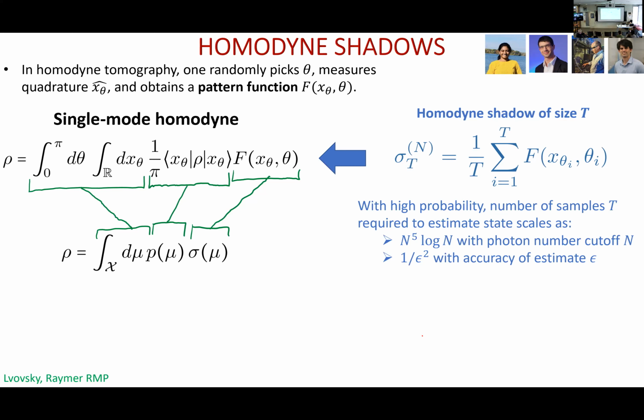They're these pattern functions, just like before when you had 0, 1, plus minus. Those are all independent of the state, but which ones you get is determined by the state, by this overlap. So that's what's interesting, right? All these shadows are kind of the same object, independent of the state. But which outcomes you get, which thetas you get, is determined by the outcome of your measurement, which is determined by the state.